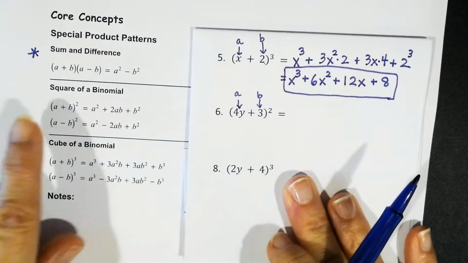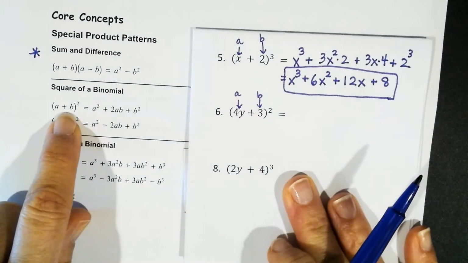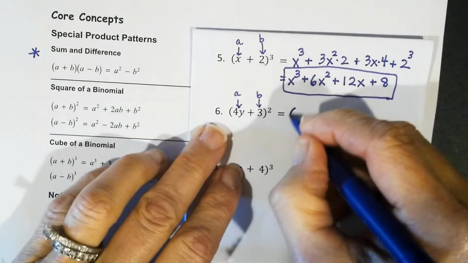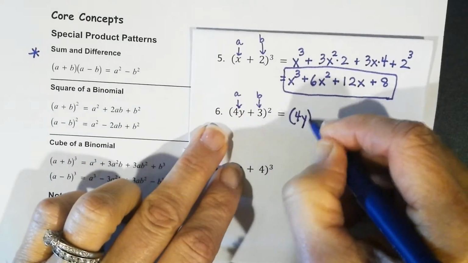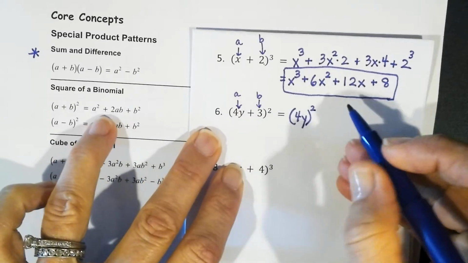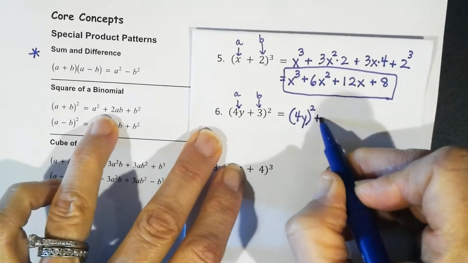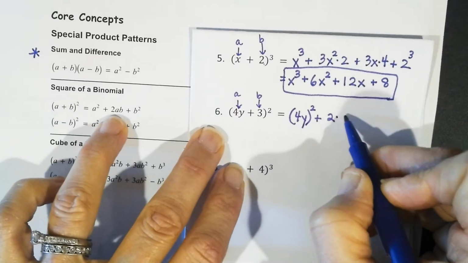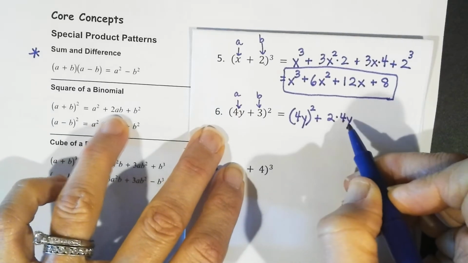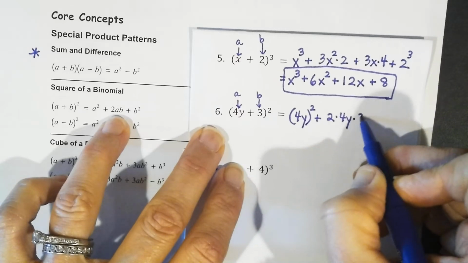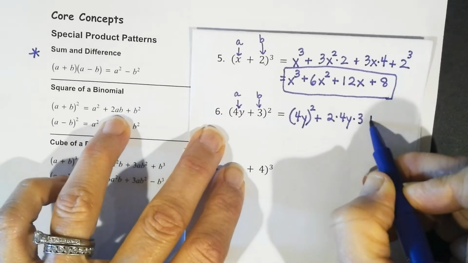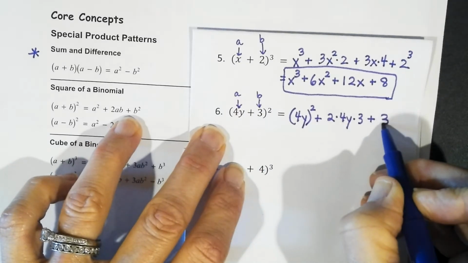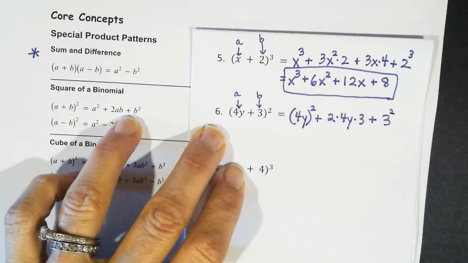Number 6 is using the first pattern right here, a plus b. So we're going to do a squared. And I'm just going to write it out. Here's a. It's going to be a squared plus 2 times a is 4y and b is 3 plus b squared is going to be 3 squared.